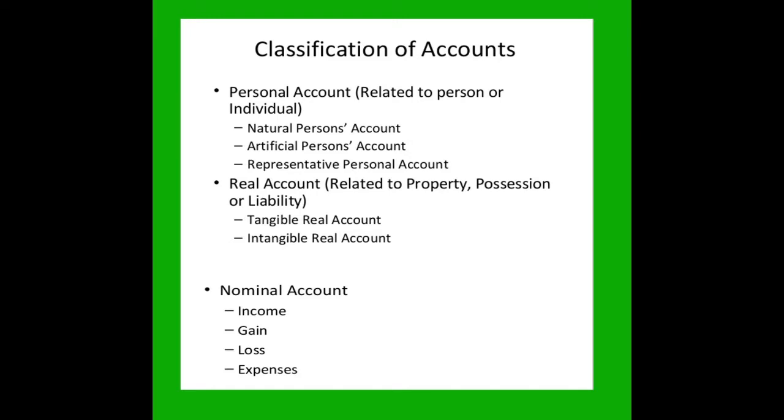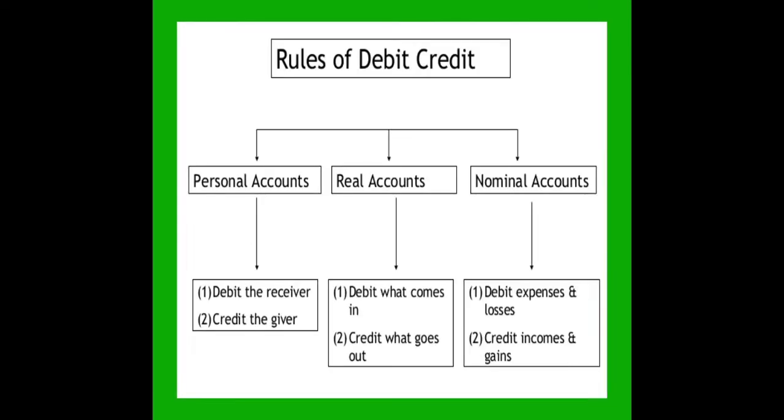Personal accounts are related to persons or individuals. Those are called natural persons, artificial persons, and representative persons. Real accounts are related to property, possession, or liability. Those are recorded for tangible real accounts and intangible real accounts. Nominal accounts are especially used to record incomes, gains, losses, and expenses.